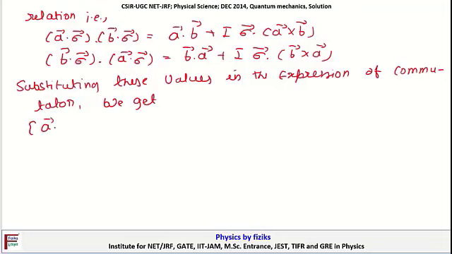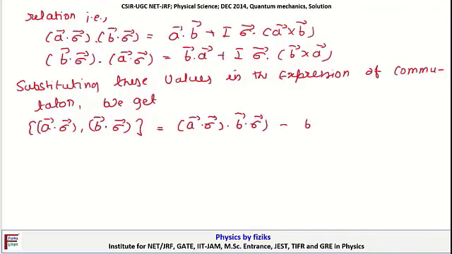[A dot sigma, B dot sigma] equals A dot sigma into B dot sigma minus B dot sigma into A dot sigma.